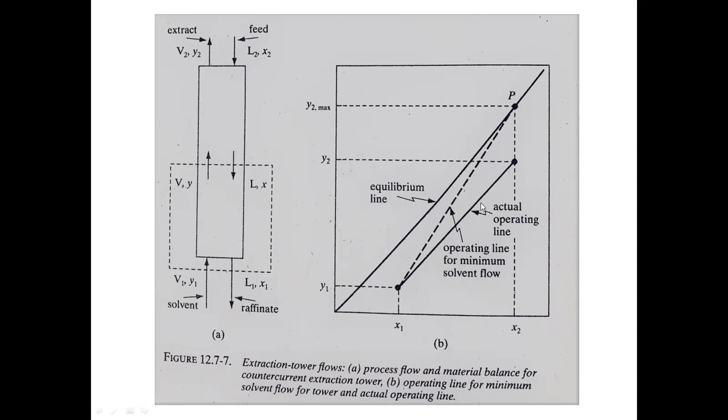So the operating line is below. If we want to know the minimum solvent requirement for our extraction process comparable to stripping, there's a need for us to determine the Y2 maximum. Now, how do we determine the Y2 maximum?